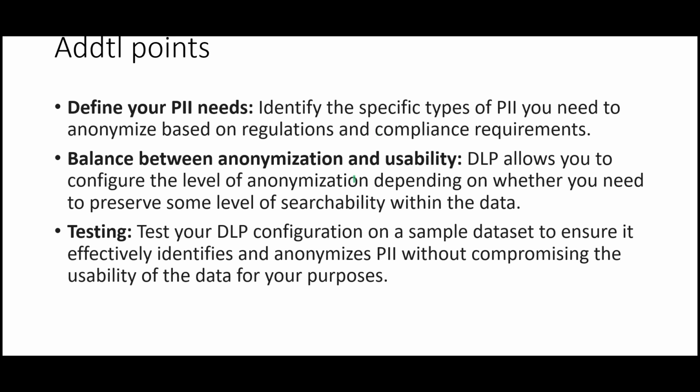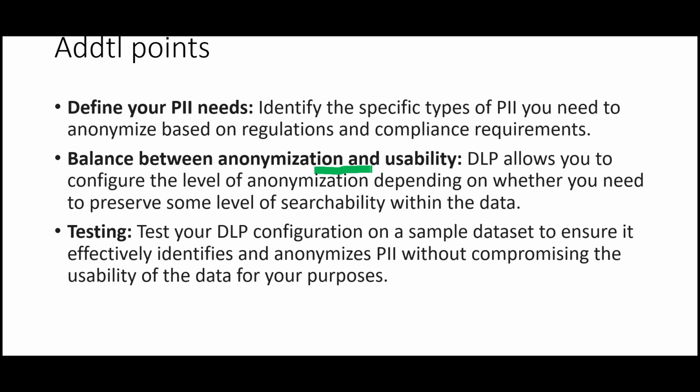And then you have to balance between usability and anonymization. Just because you have to make it absolutely secure, don't use such keys that the people who are supposed to access it find it really cumbersome to access. And always test your DLP configuration on some sample data set and see whether it is working or not.